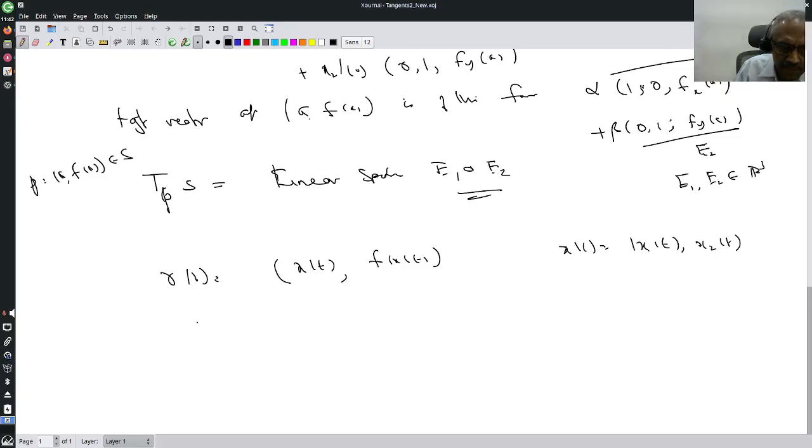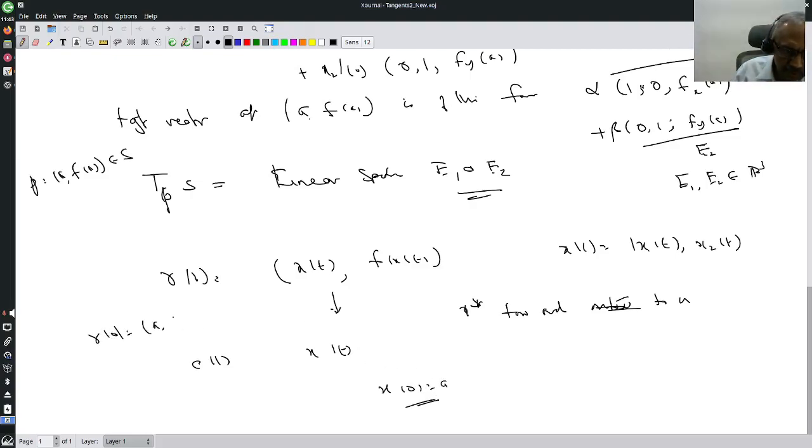Then just project it onto the first two coordinates, that is onto U, namely x(t); call it c(t). Now x(0) by definition is a, because gamma(0) is (a, f(a)). Therefore I can think of this as a curve like this.